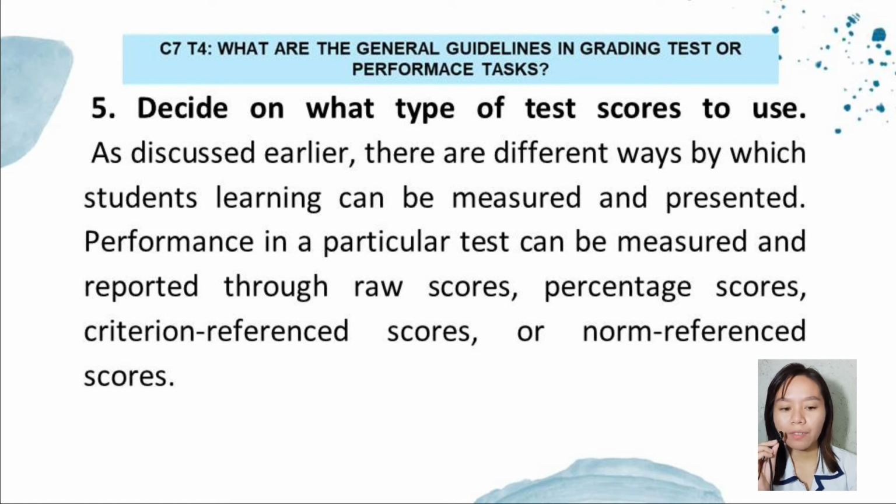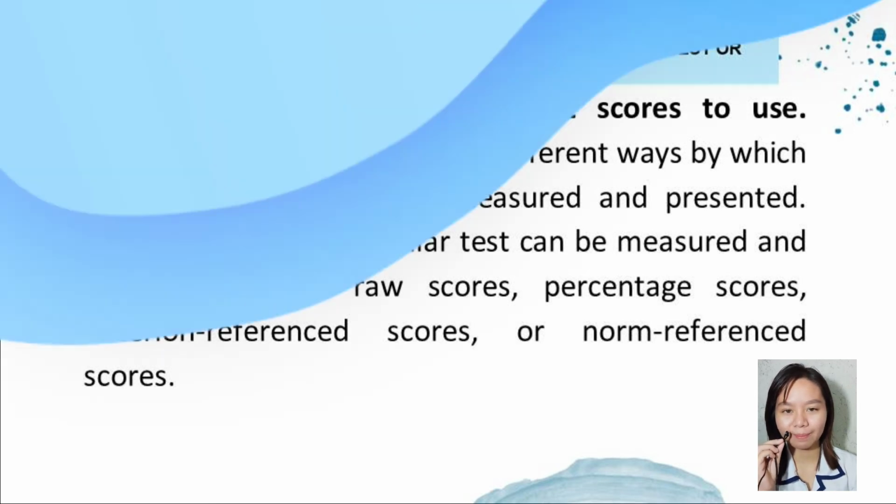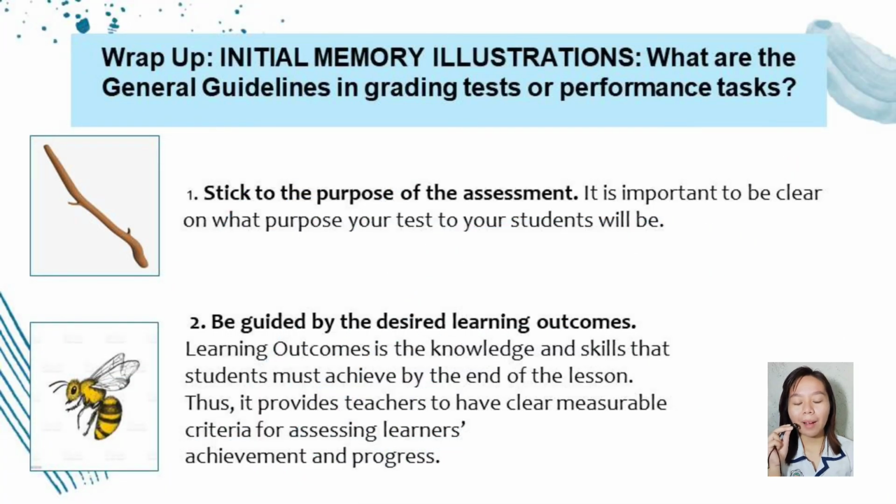Moreover, it serves as a basis for students of their performance in class and fairly communicates learning progress and even achievements. Now, to wrap up our discussion, here are the initial memory illustration for you to be guided.